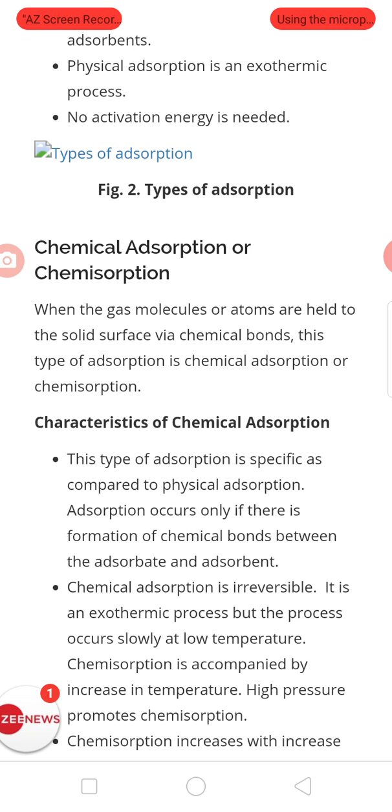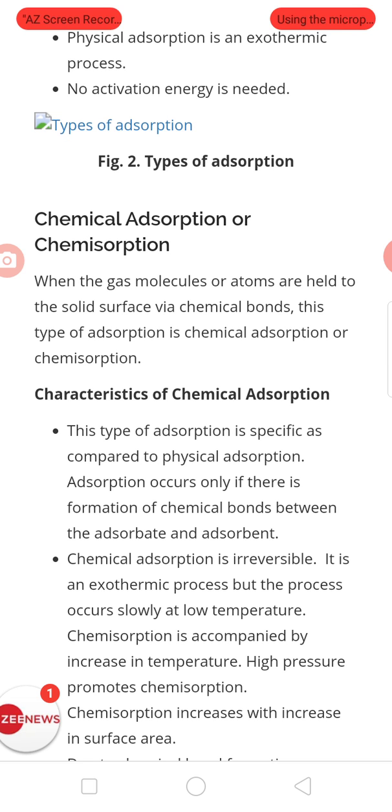When a gas molecule or atom is held to the solid surface via a chemical bond, this type of adsorption is chemical adsorption or chemisorption.